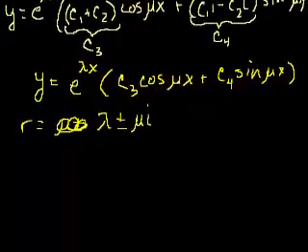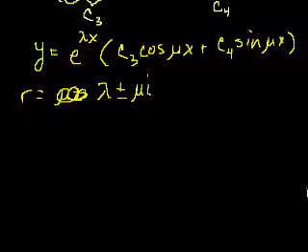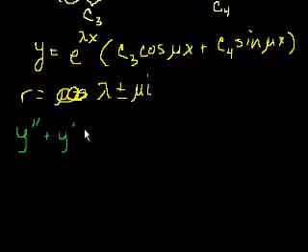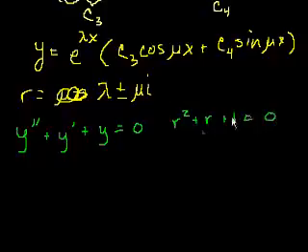And let's see if we can do a problem real fast that involves that. So let's say I had the differential equation y prime prime plus the first derivative plus y is equal to 0. So our characteristic equation is r squared plus r plus 1 is equal to 0.